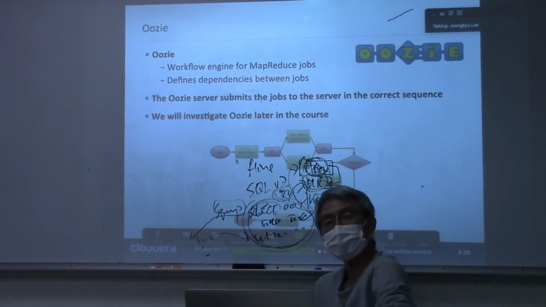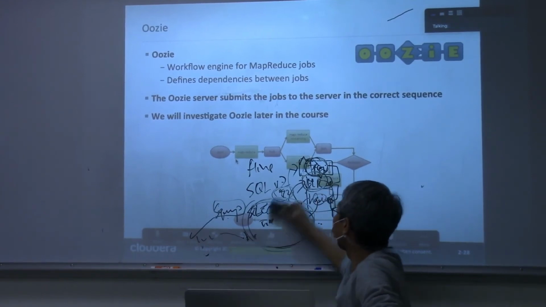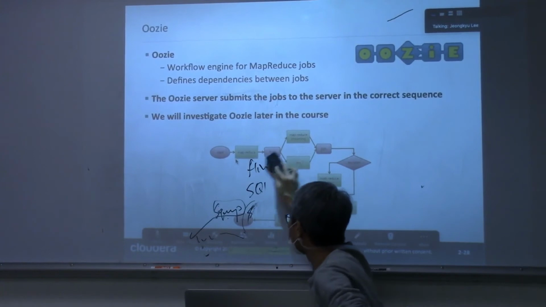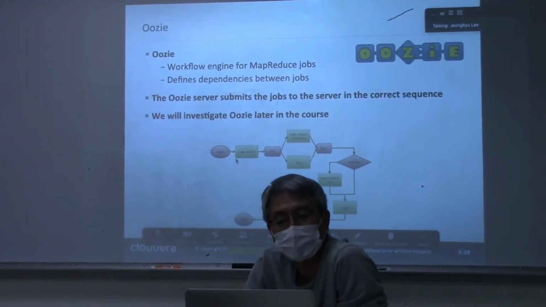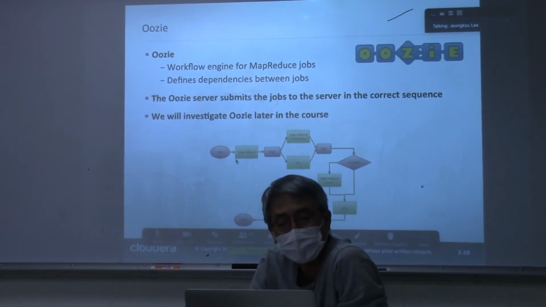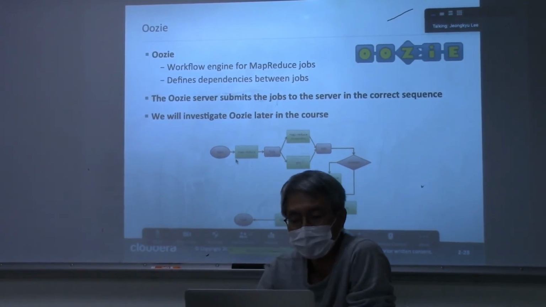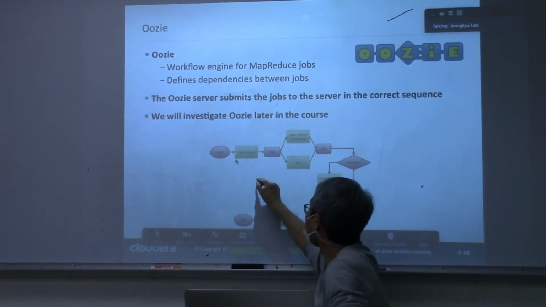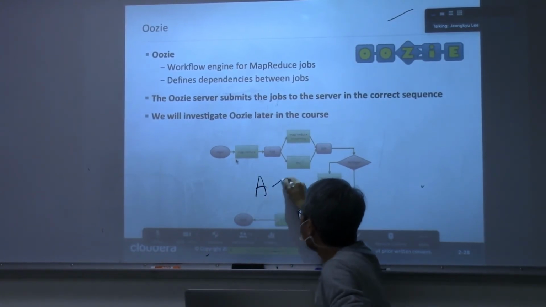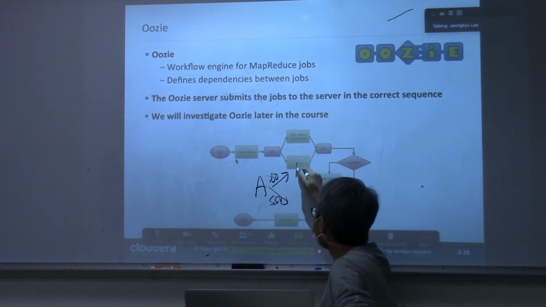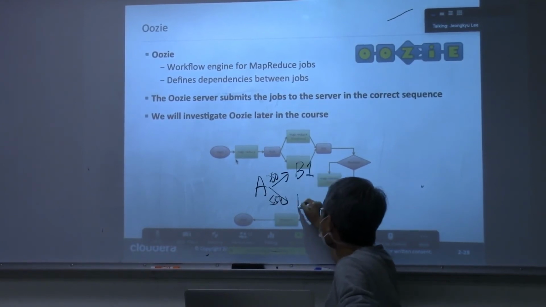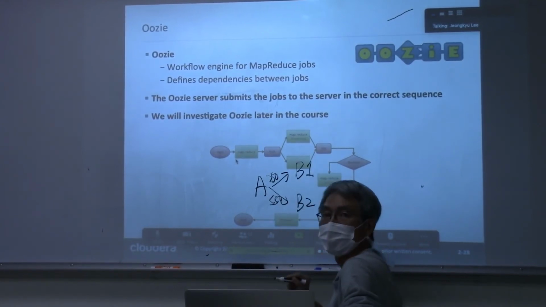Oozie is another example of the Hadoop ecosystem. The main purpose of Oozie is managing workflow. What is a workflow in a company? Say I have a system that can address problem A, but depending on the result of A, bigger than 50 or less than 50, you can run the B1 solution or the B2 solution.